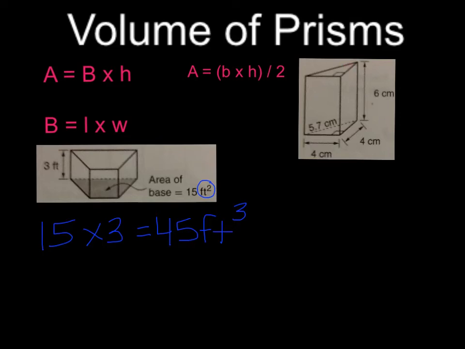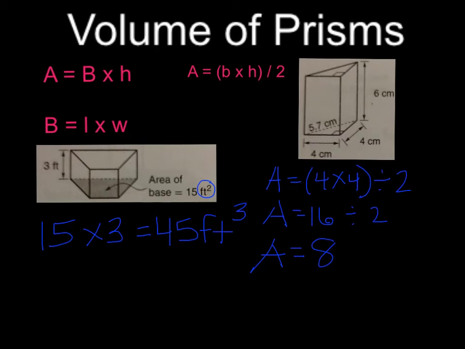The base of this triangle is 4 and the height is 4, so we are going to find the area of the bottom face first. Area equals 4 times 4 divided by 2. 4 times 4 is 16, and we still have to divide it by 2. So, the area of the triangle equals 8.